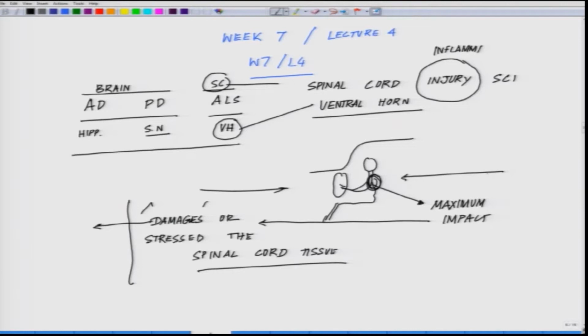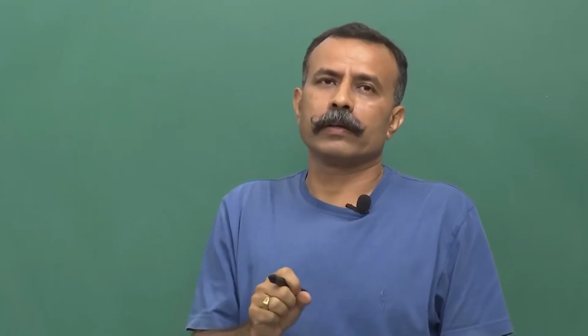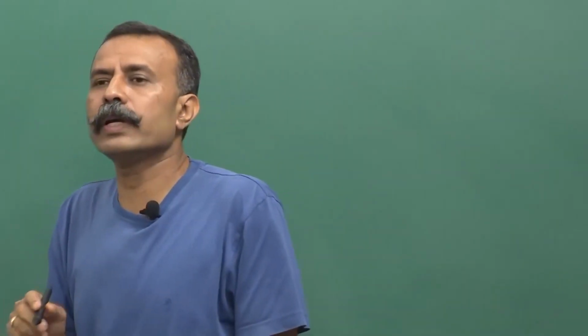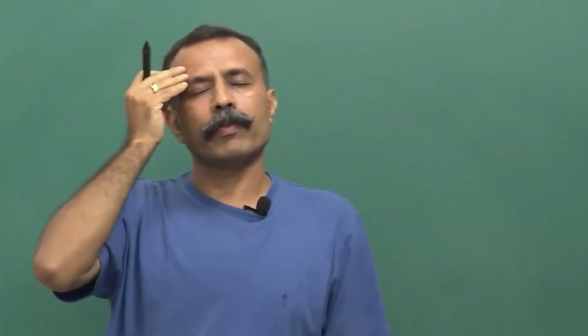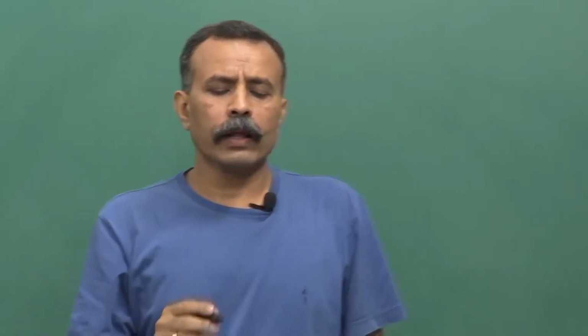And in today's class, we will talk about how this inflammation progresses and what are the associated problems which prevent or reduce the regeneration potential of the injured spinal cord motor neuron, and mostly it is the ventral horn motor neuron which are getting affected. So, let us again draw the spinal cord for your understanding.